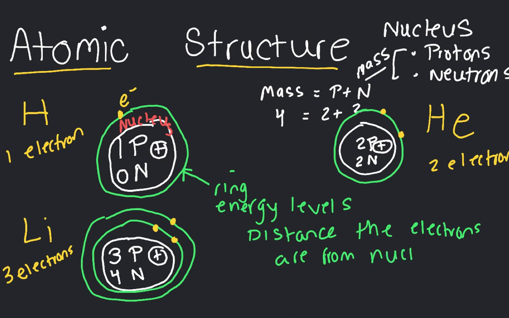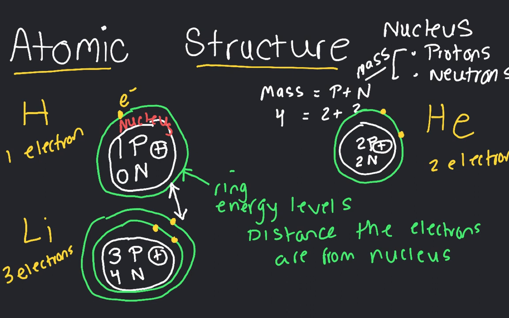So why is that important? Why is it important to know where the electrons are located? Because when atoms come in contact with each other, so if lithium were to come in contact with, say, hydrogen here, it's these outer rings. These are the electrons that come in contact with another atom first, that participate in chemical bonding. And so it's really important for us to know where the electrons are located.